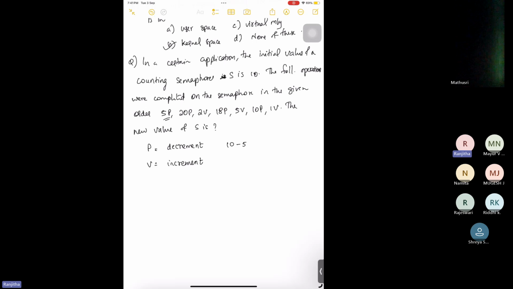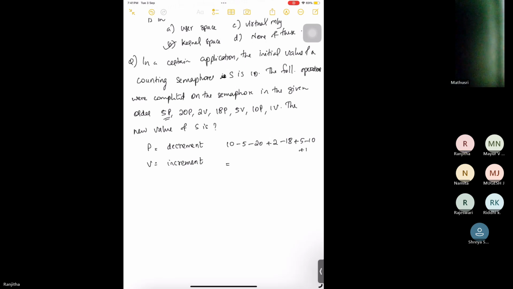Again another 20 decrement operations, minus 20, 12 increments, minus 18 decrements, plus 5 increments, minus 10 decrements, plus 1. So what is this value? Ma'am, minus 34.